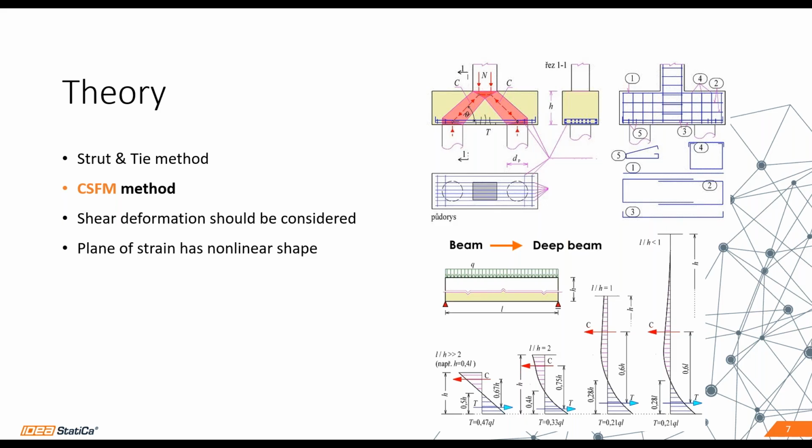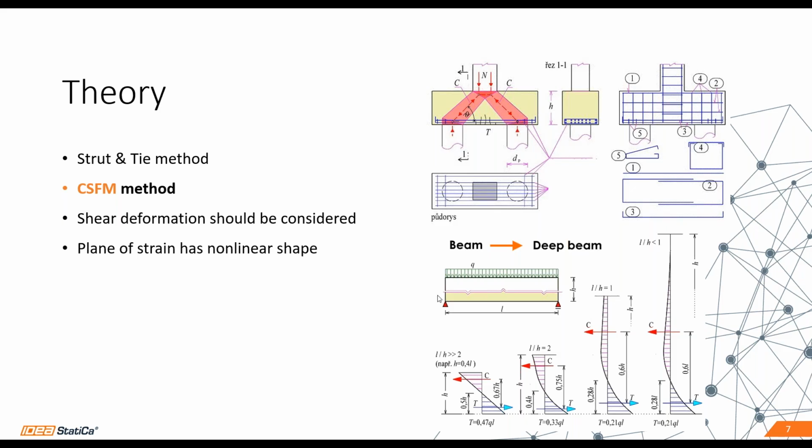And there are some remarks on what you should consider during the analysis. Generally, the shear deformation should be considered in the element. So we are using a plane stress task and wall elements, so this effect is considered there.